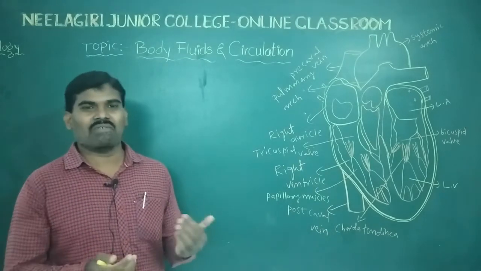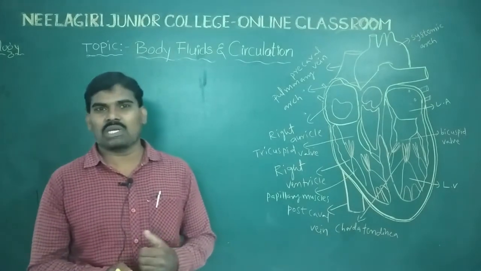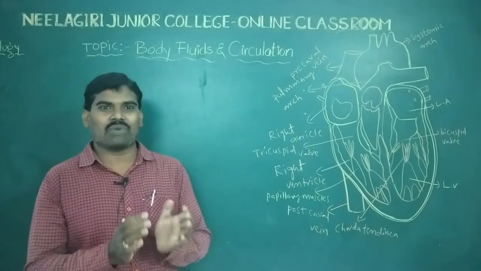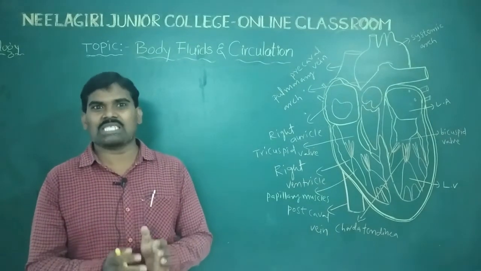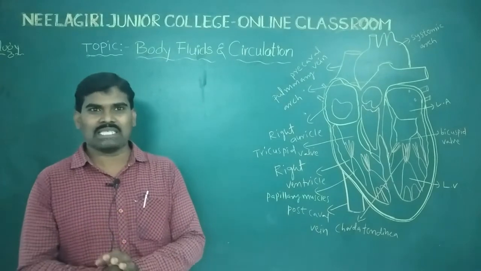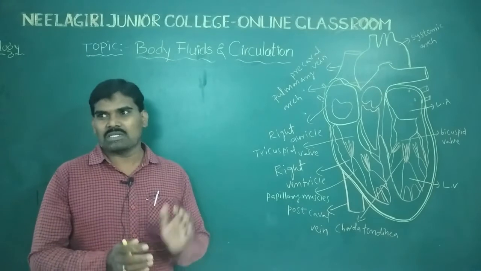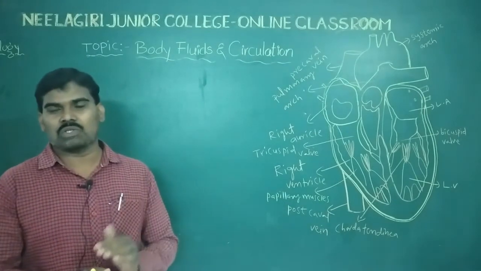Next, the second one is the closed type of circulatory system. In the closed type of circulatory system, blood flows through blood vessels with blood capillaries. So, open type of circulation and closed type of circulation.